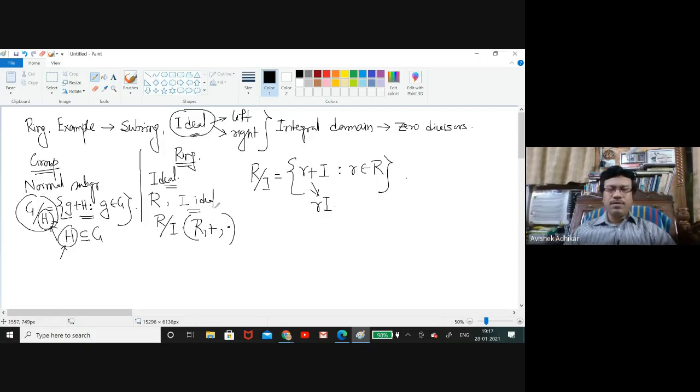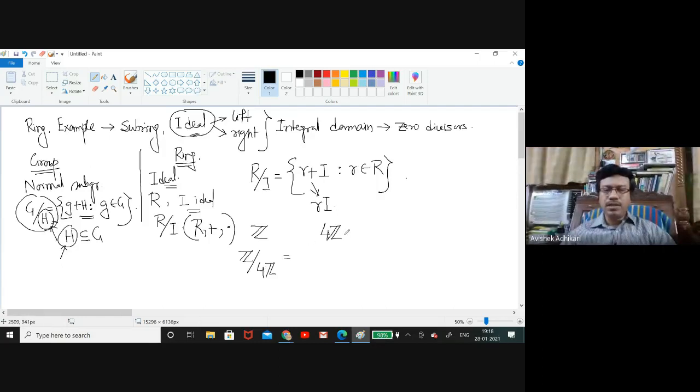So let me first try to explain what it means. For example, if I have Z and say 4Z, now if I consider this R quotient 4Z, how does it look?